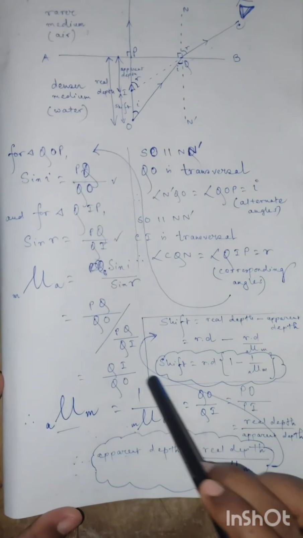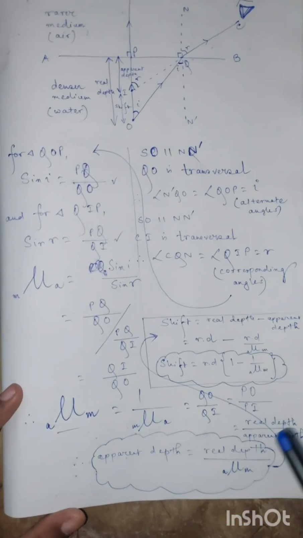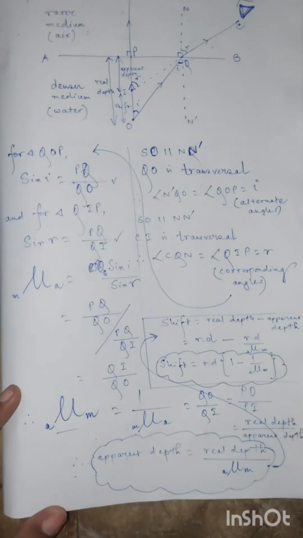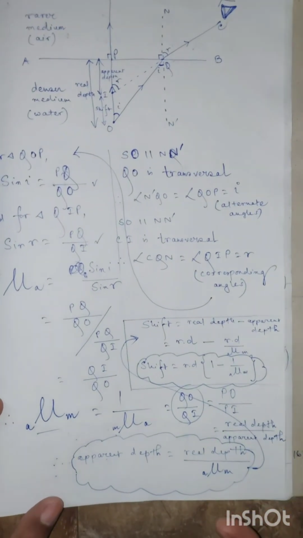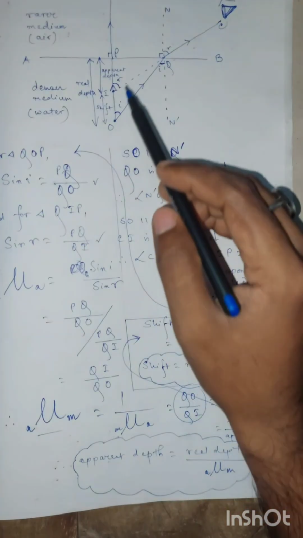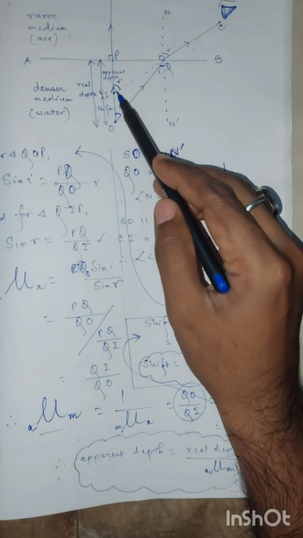So now if we put the value, we are getting QO by QI. Now QO by QI can be modified. How?